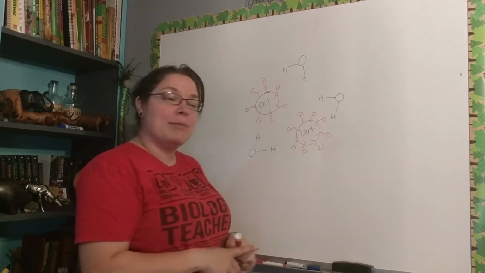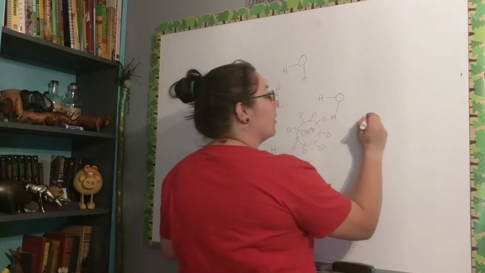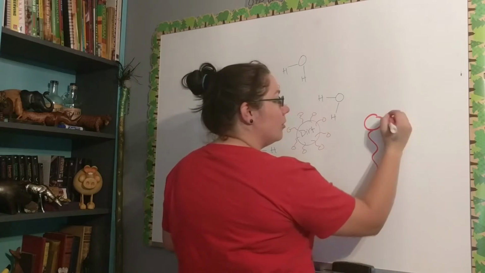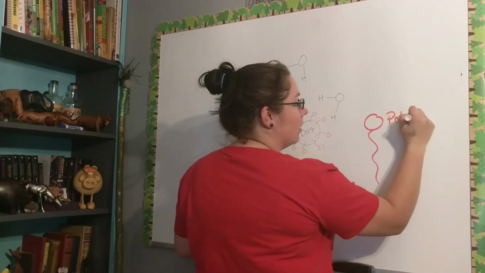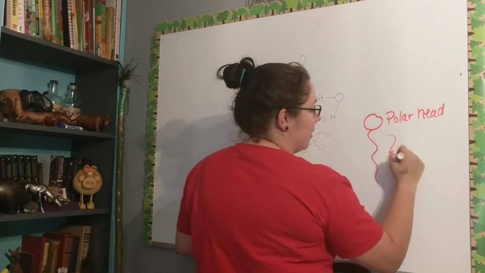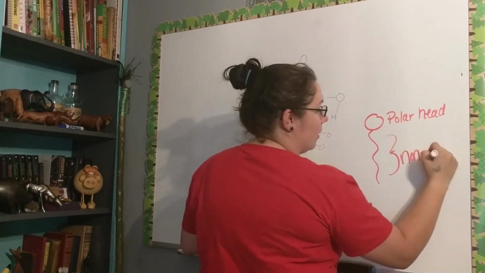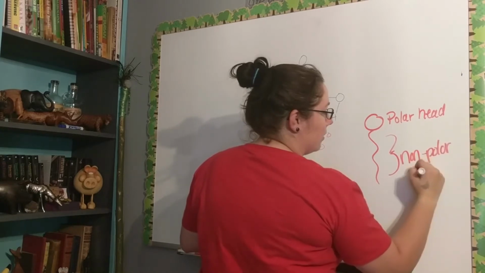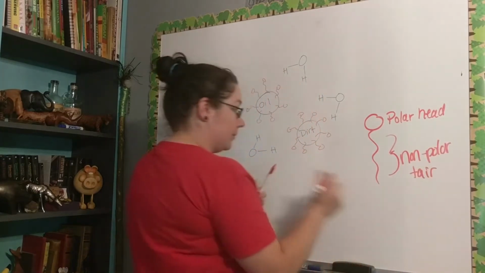If we look at the anatomy of a soap molecule, you have your polar head, and then you have a non-polar tail.